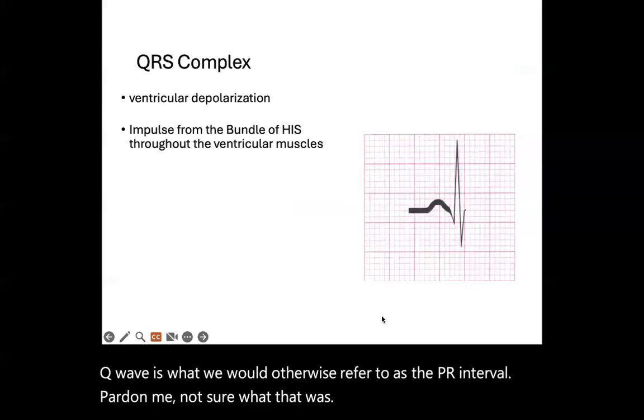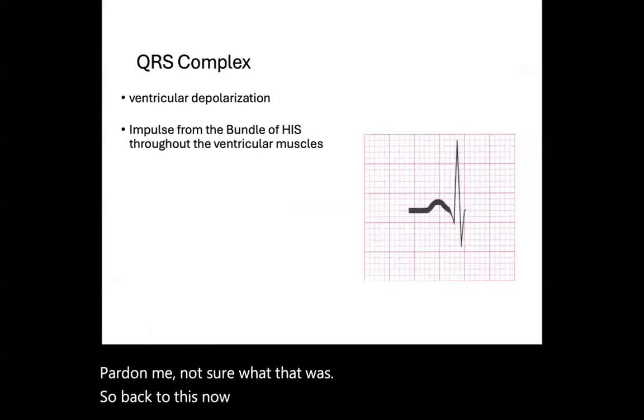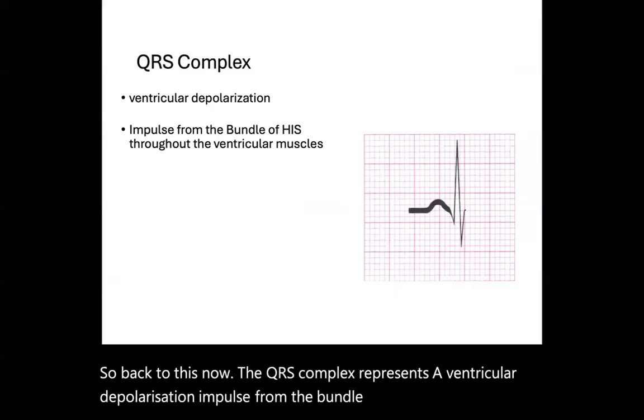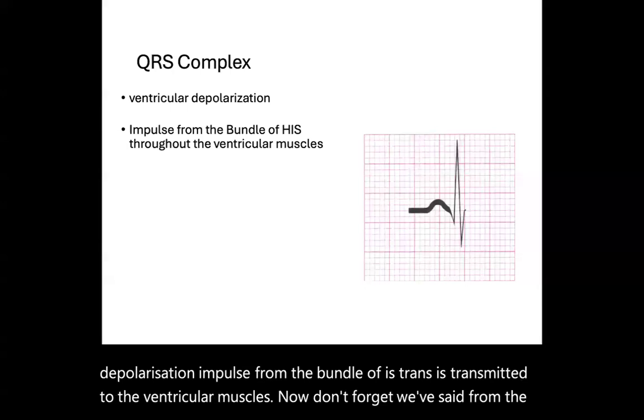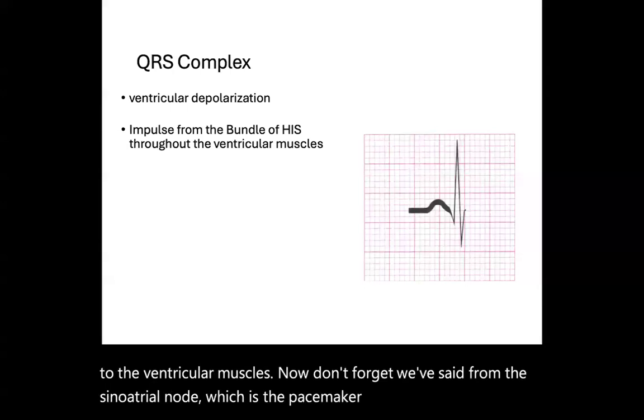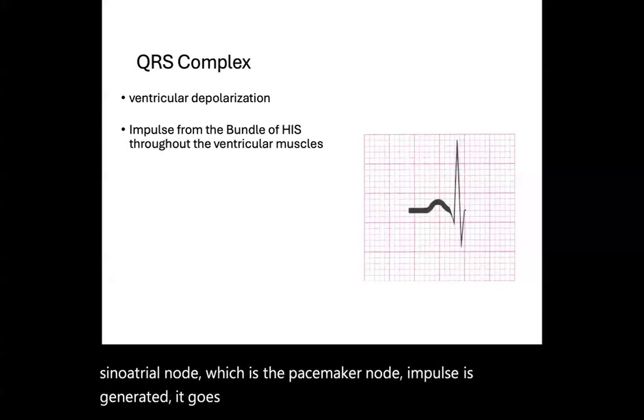So back to this. Now, the QRS complex represents ventricular depolarization. The impulse from the bundle of His is transmitted to the ventricular muscles. Don't forget, we've said that from the sinoatrial node, which is the pacemaker node, the impulse is generated. It goes through the atrioventricular node, right?